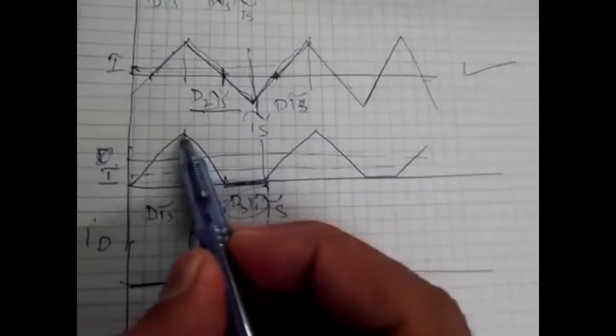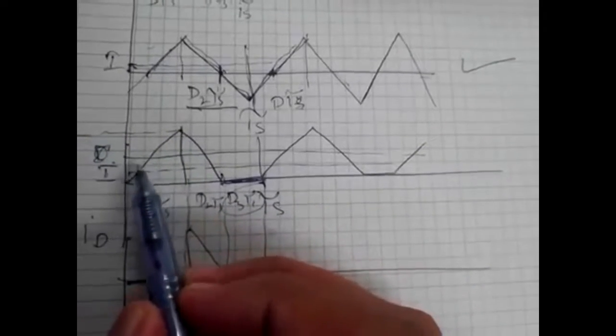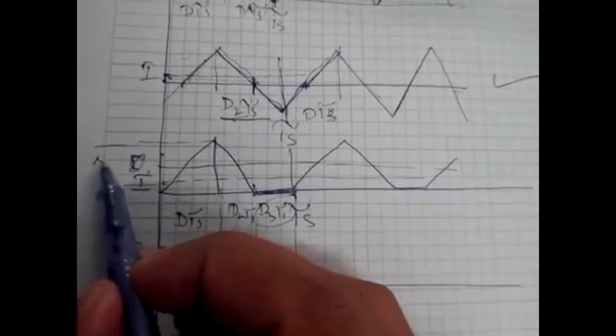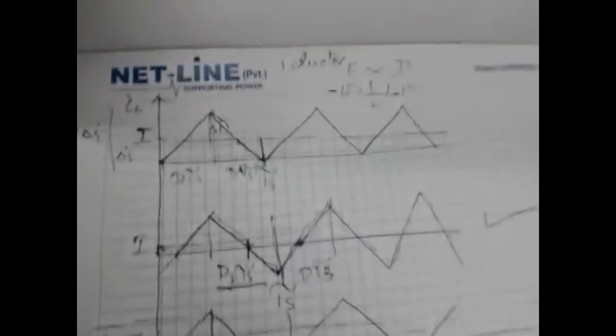So now you see that this is del I. Here del I is greater than I, in the upper region.